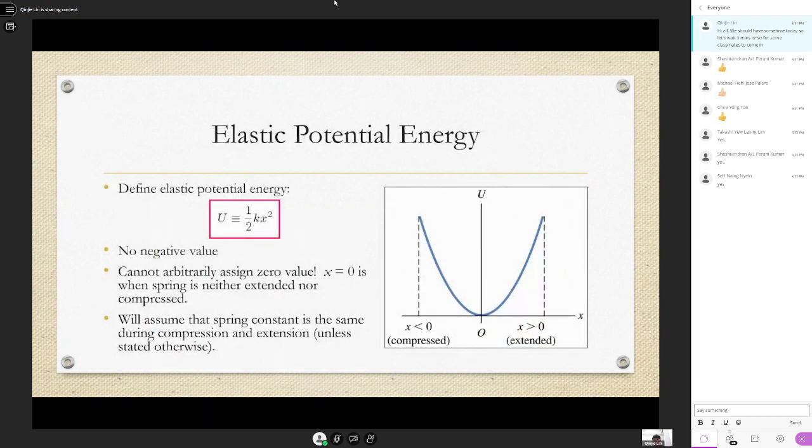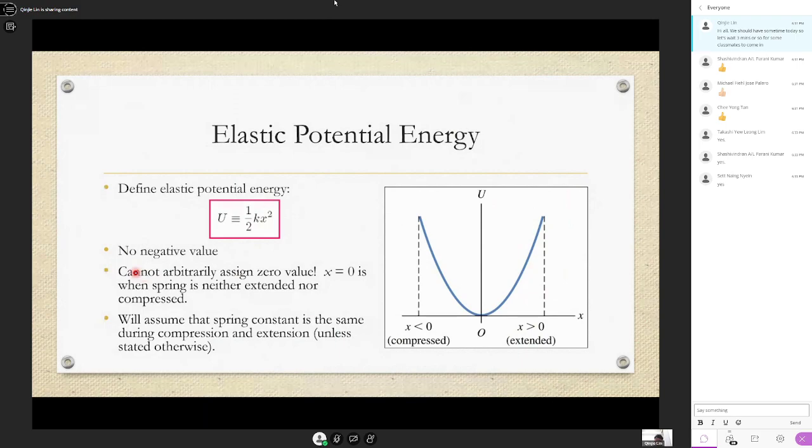That is gravitational PE. Now we come to elastic PE, which is not something new to you because we have seen it before. Just that we talk more about it. Elastic PE is half kx squared. There will be no negative value.